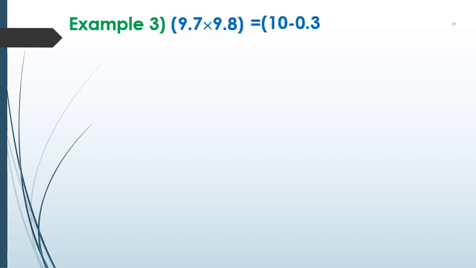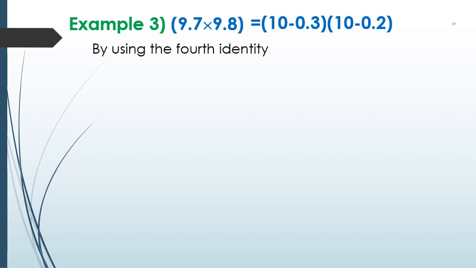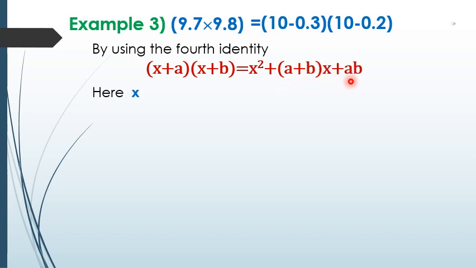Example 3. 9.7 into 9.8. We can write 10 minus 0.3 into 10 minus 0.2. We should use our fourth identity, that is (x plus a) into (x plus b) is equal to x square plus (a plus b) into x plus ab. Here x is equal to 10, a is equal to minus 0.3 and b is equal to minus 0.2.